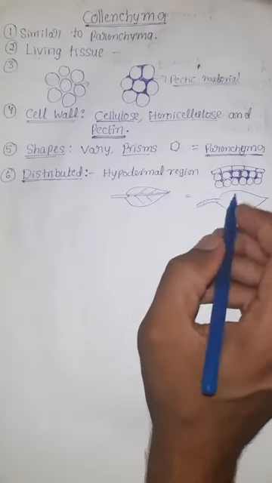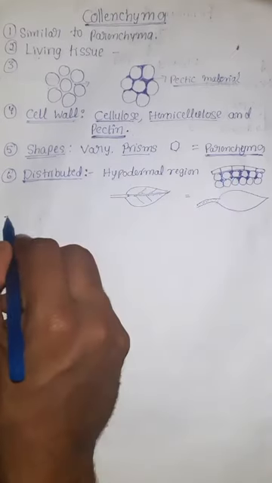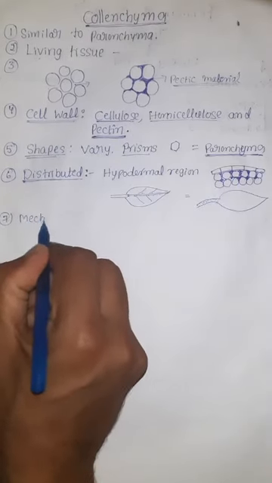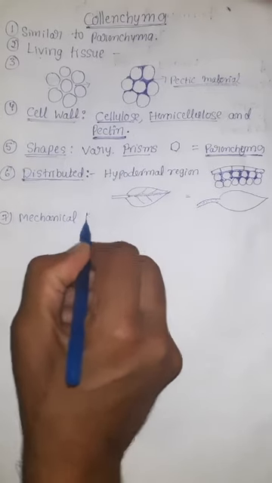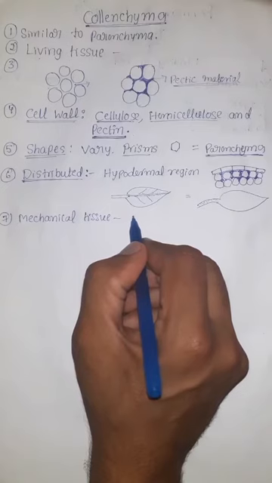Why is it distributed in these regions? It is a mechanical tissue, which means it gives mechanical support to the plant body.